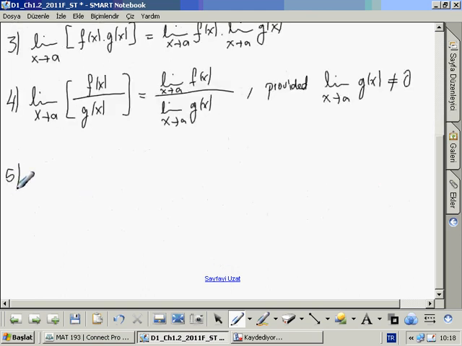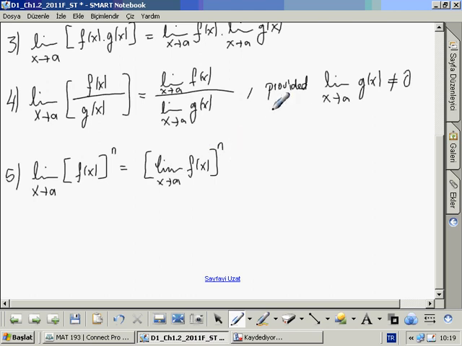And the fifth property: limit x equals to a of f of x to the power of n equals the limit x equals to a of f of x, all to the power of n, where n is any real number.